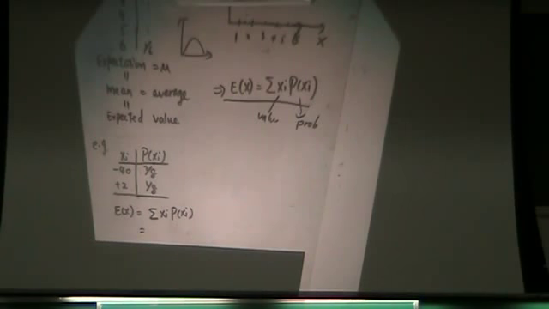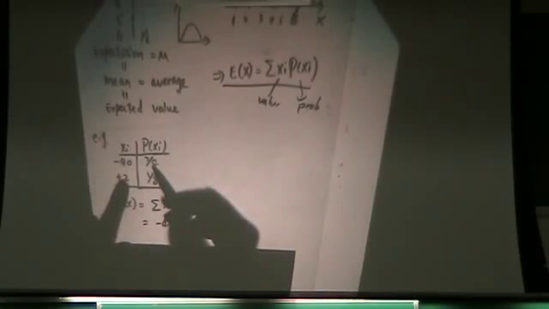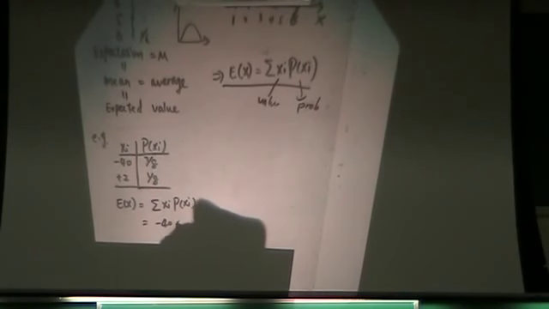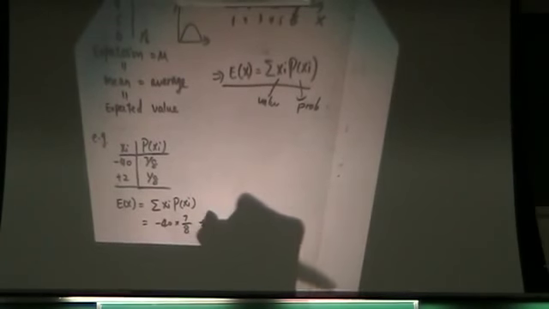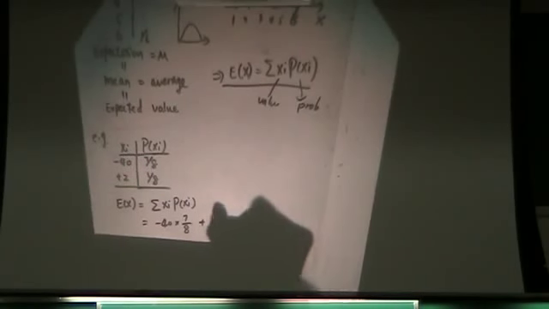There are only 2 values x could take, -40 and +2. For -40, the probability associated with it is 7 over 8, so just times 7 over 8. The second value is 2, and the probability of it is 1/8.